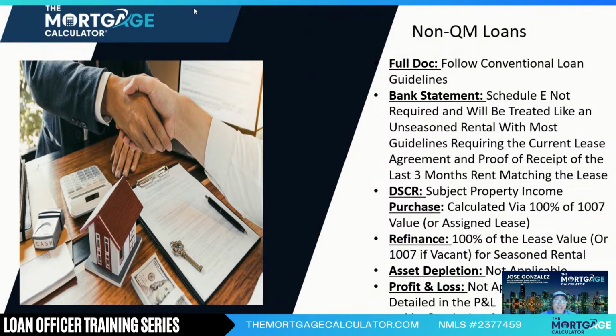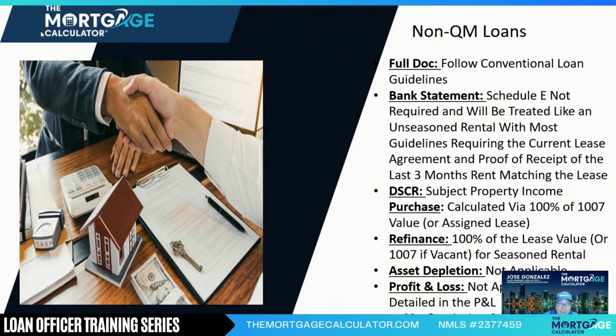So now, if it's a purchase non-QM loan, you don't own the property yet, so the income is going to be calculated using 100% of the 1007 value, or if there is a current tenant in place and you're getting an assignment of lease, which is an actual document that the underwriters would require you to provide.